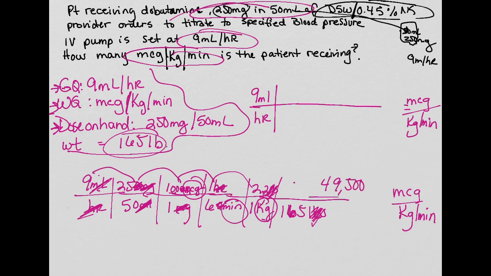I suggest you do this on your own. Over 4,950. And you divide these two. And your answer is going to be 10 micrograms per kilogram per minute.